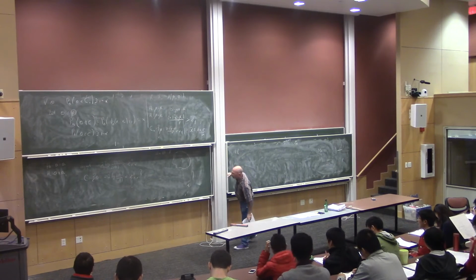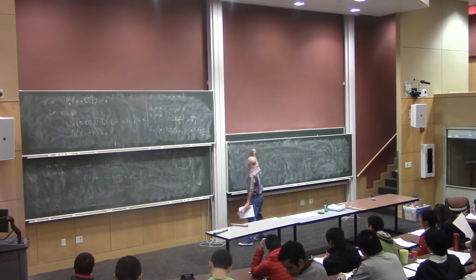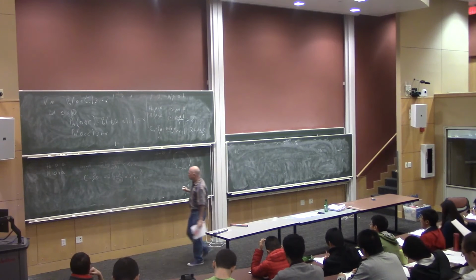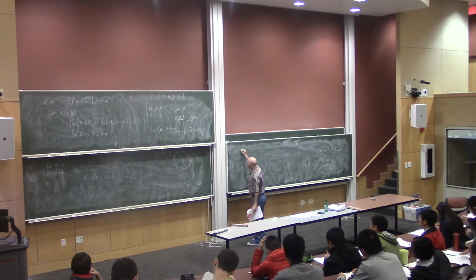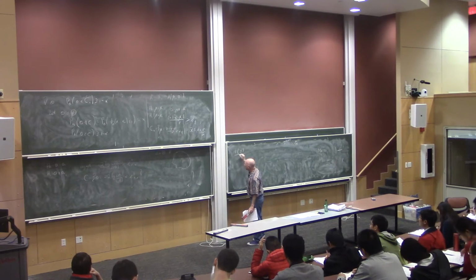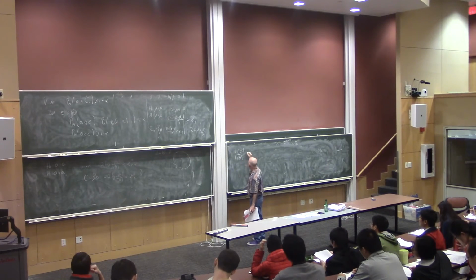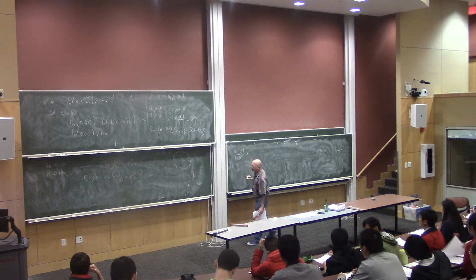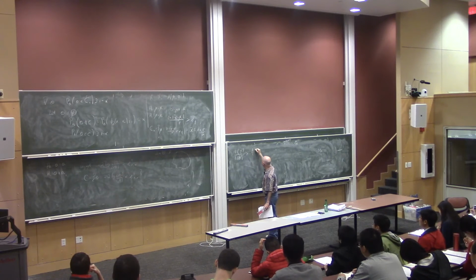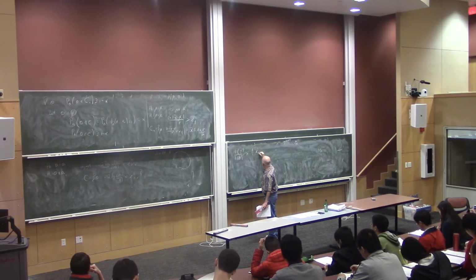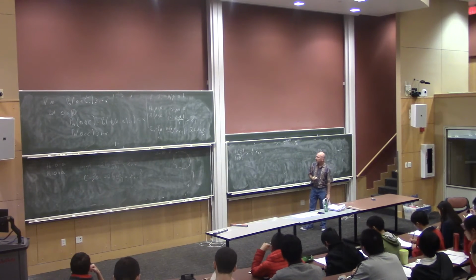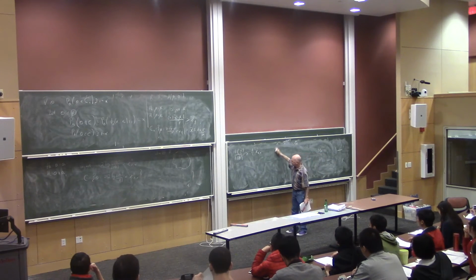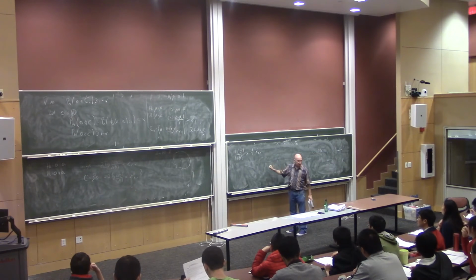L of theta over L of theta hat bigger than e to the minus half times this number. So what is that?